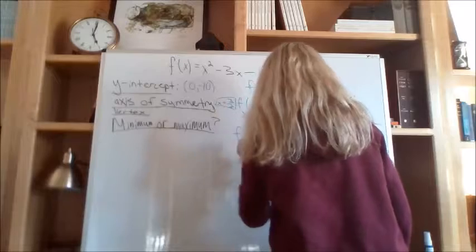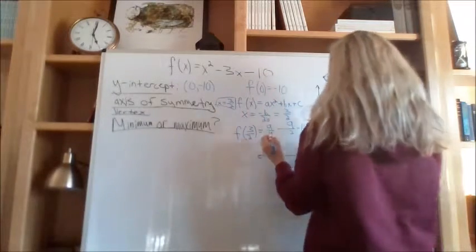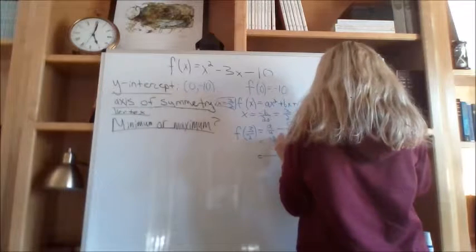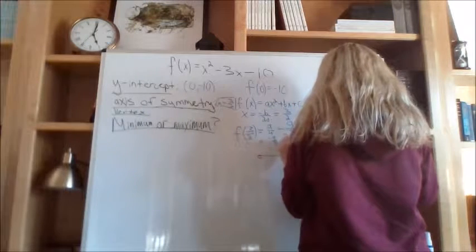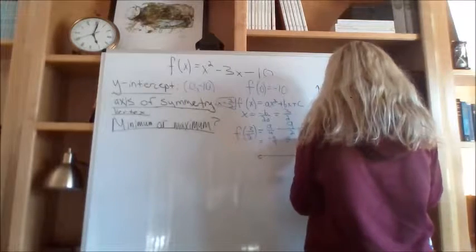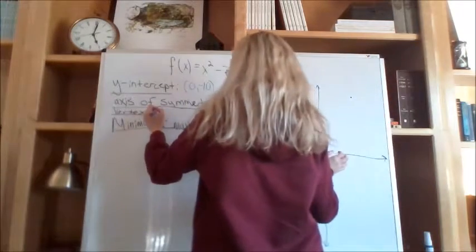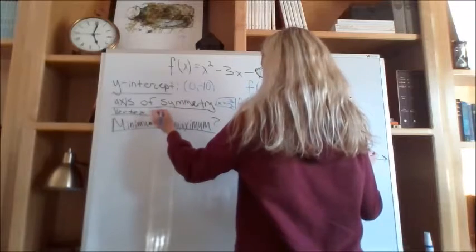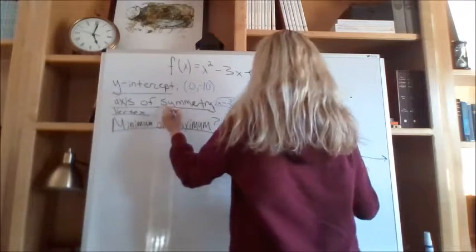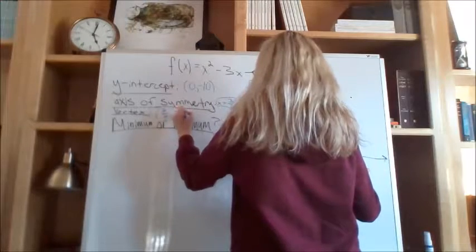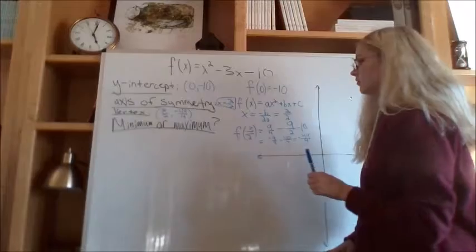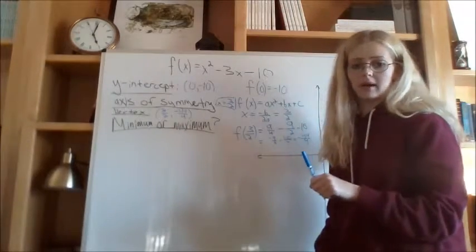So we can simplify this to say -9/4 minus 40/4, which is -49/4. So we now know that our vertex is (3/2, -49/4). Now we just need to figure out if this is a minimum or a maximum.